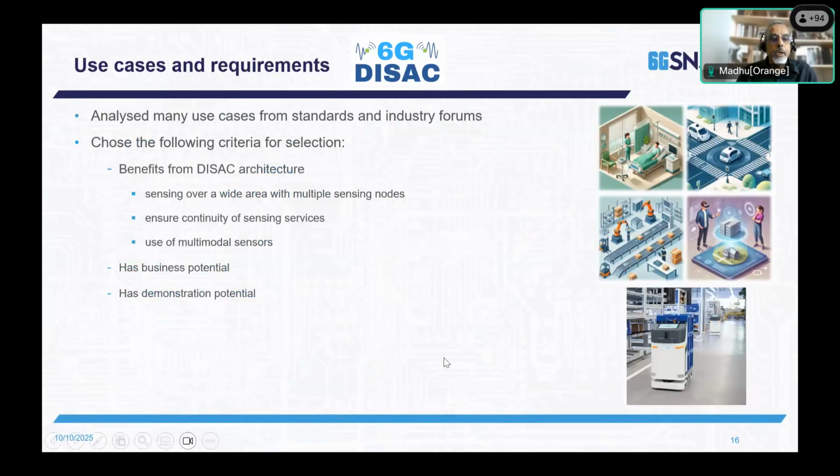There are many use cases available, and we have seen some of them. So what we've decided to do is to focus on something where we can demonstrate the benefits of the DISAC architecture. The use case would highlight that, and of course it also has to have business potential and demonstration potential. You can move on to the next slide.